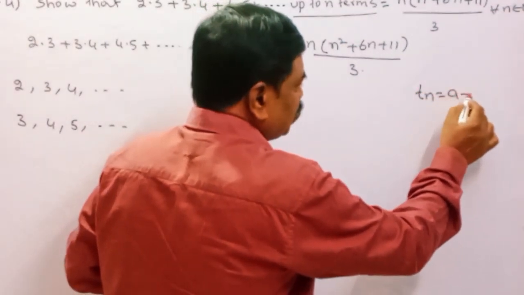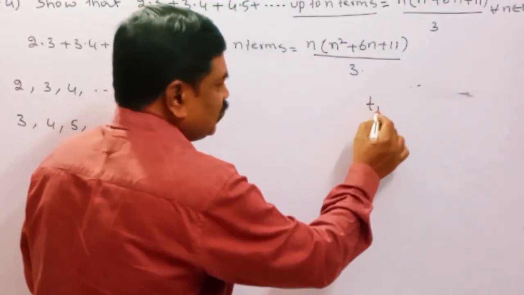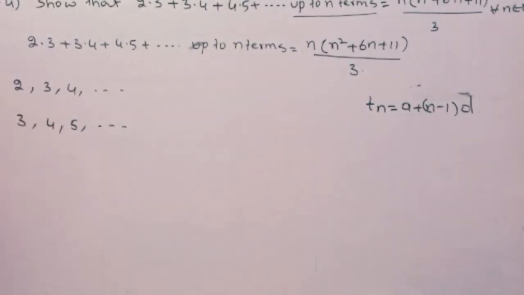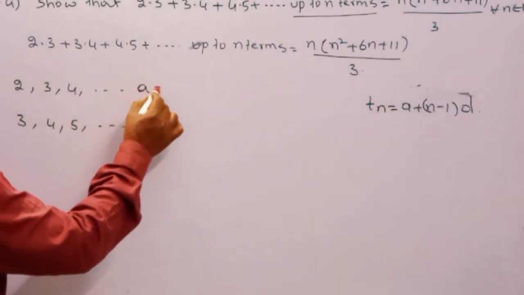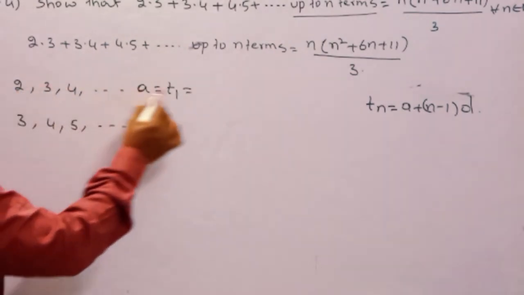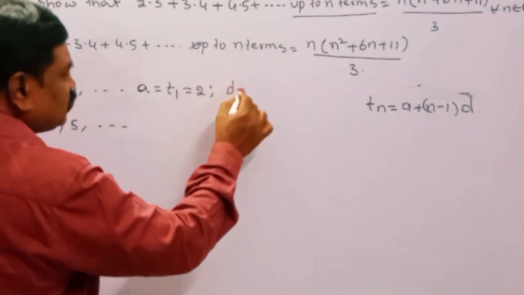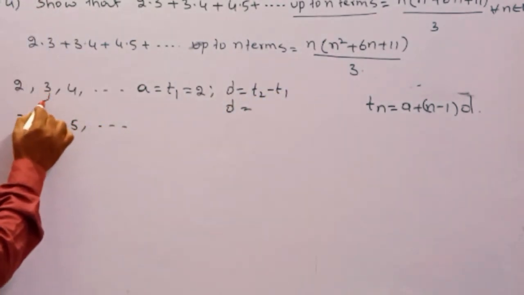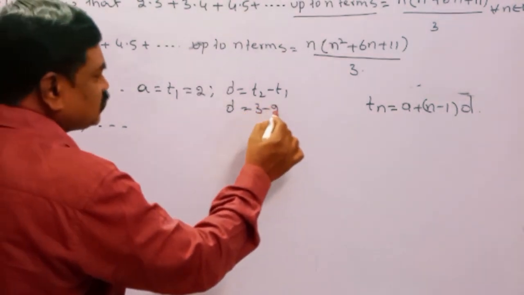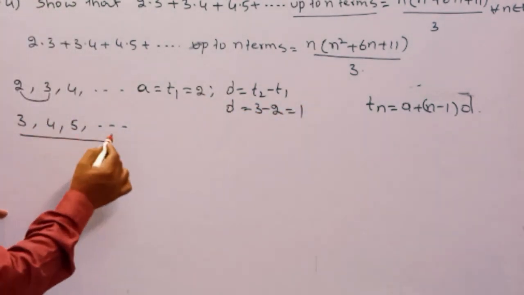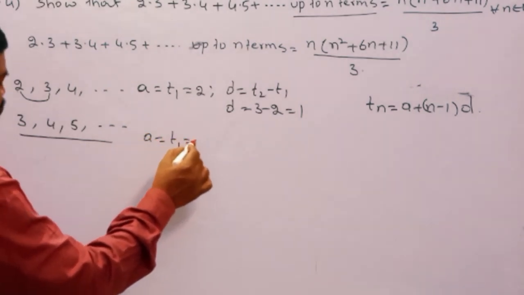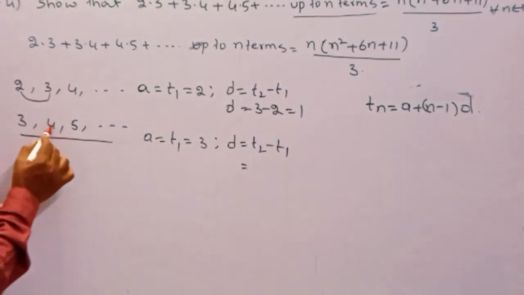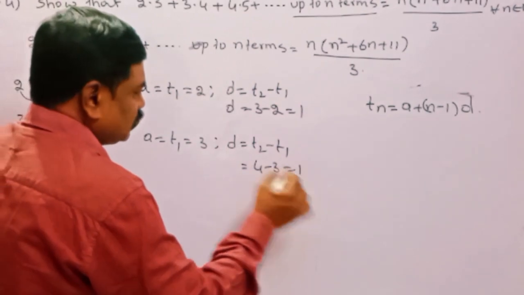Tn is equal to a plus n minus 1 into d is the nth term. Here in this series, a is equal to first term is equal to 2, and d is equal to t2 minus t1, which is 3 minus 2, equal to 1.